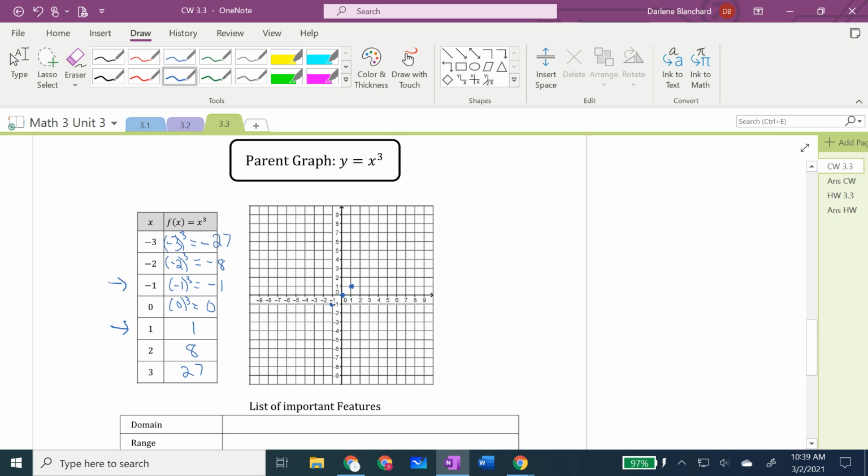These 3 points are really, really important points that I want you to be very aware of. Then you have 2 to the third power gives you 8. And then -2 to the third power gives you -8.